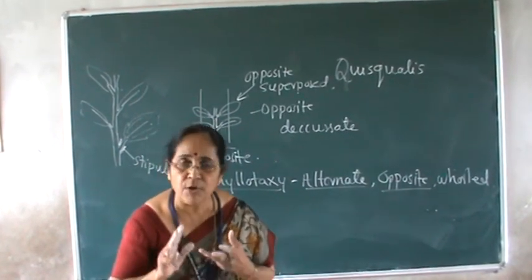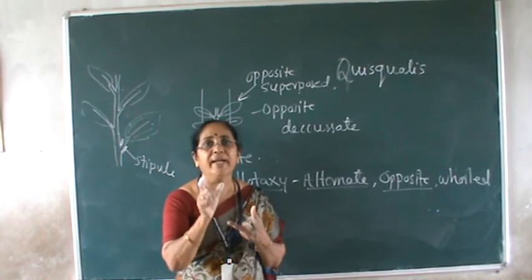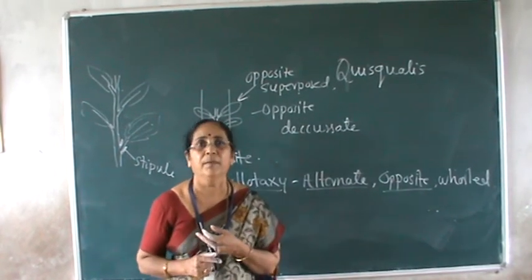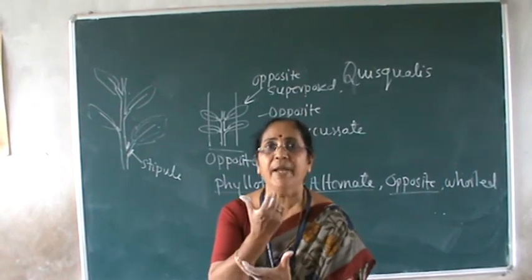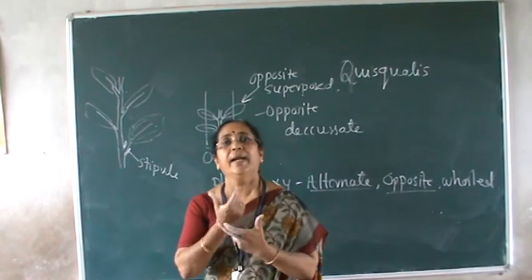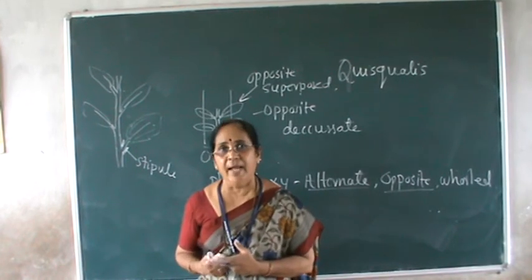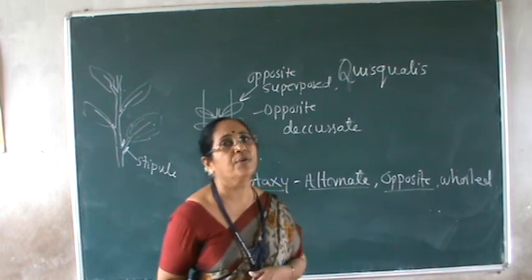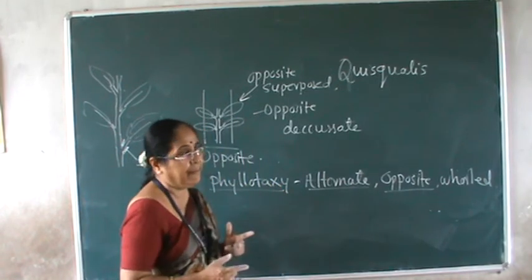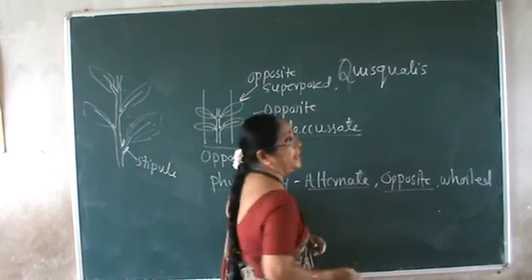Basically, the phyllotaxy is opposite only, two leaves at every nodal region quite opposite to each other. But if the first pair is opposite like this, the next successive pair will be at right angles to the previous pair. If you observe from the top, you will find four distinct rows of leaves arranged on the stem. In that case, it becomes opposite decussate.